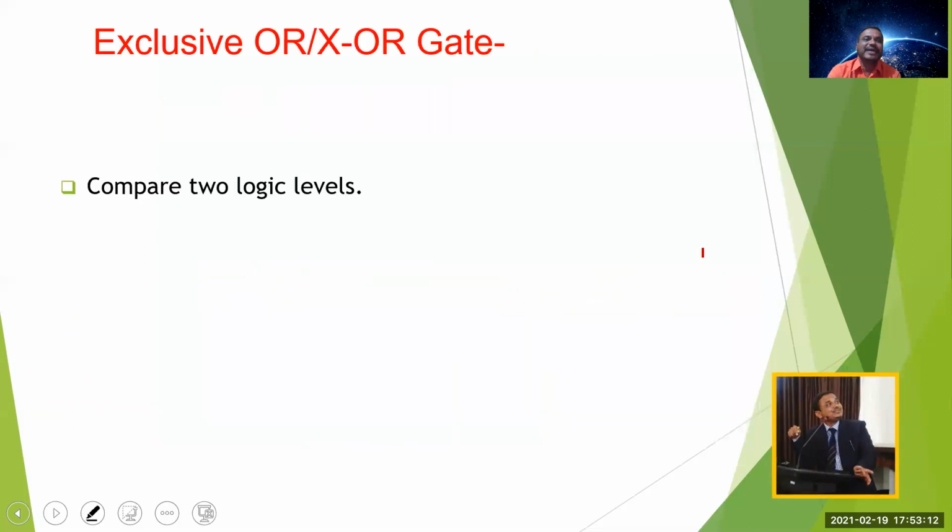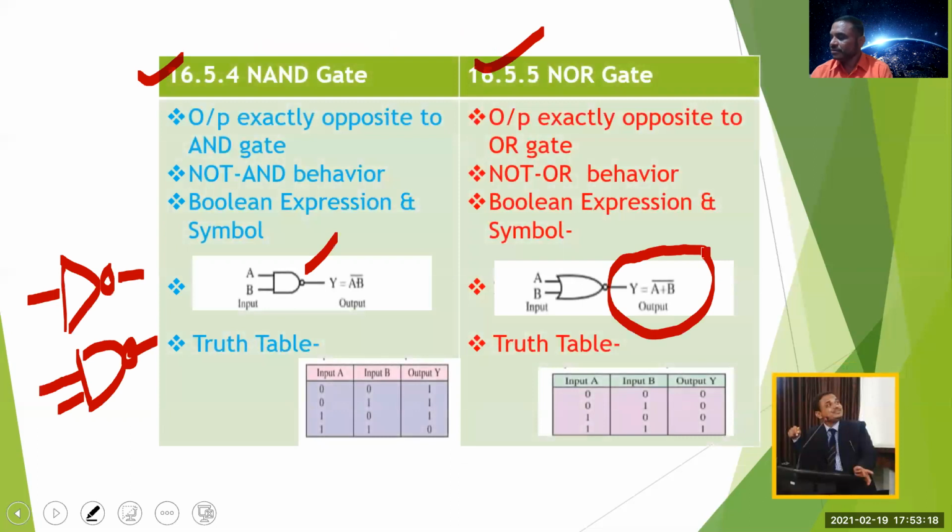Then next, that is the exclusive OR or XOR gate. Let us verify the truth table of the NOR gate.